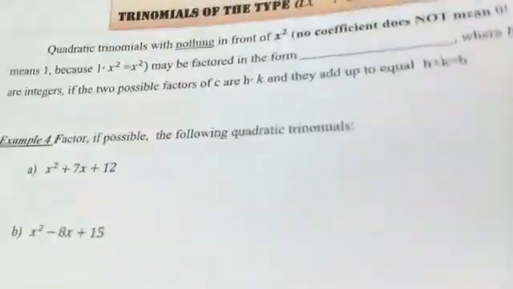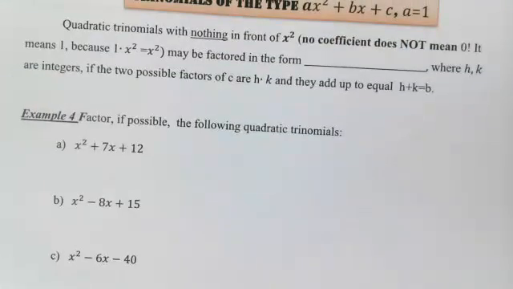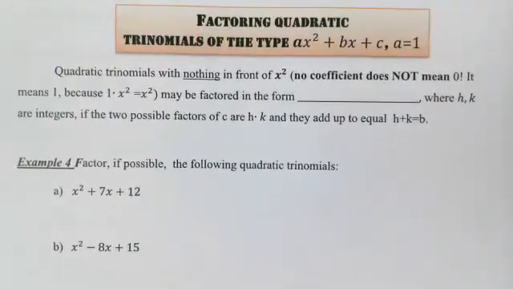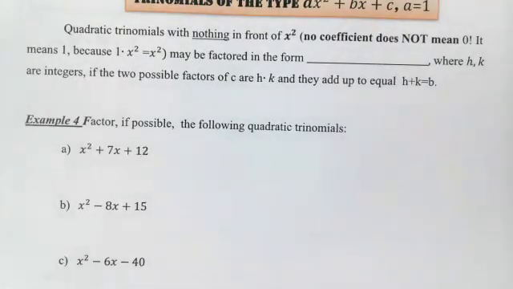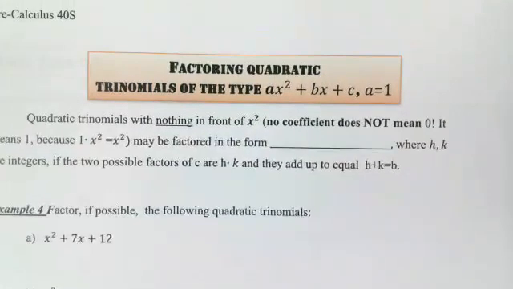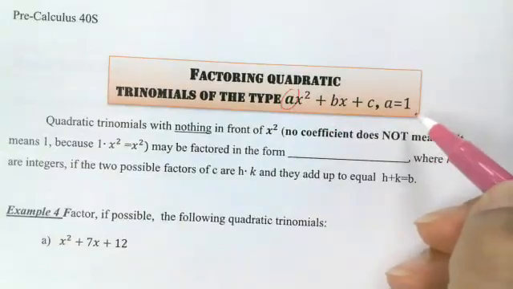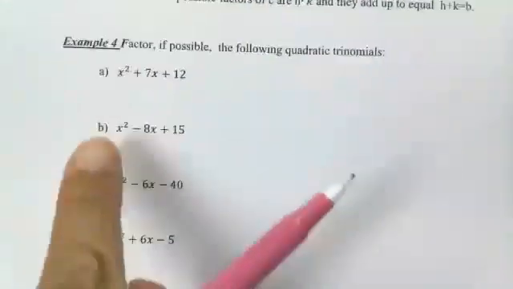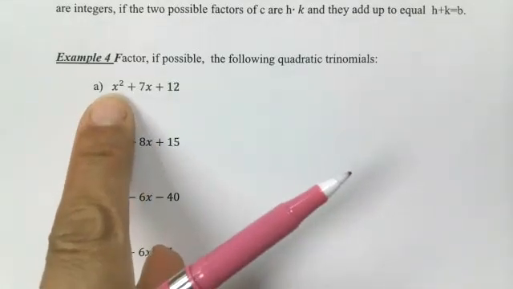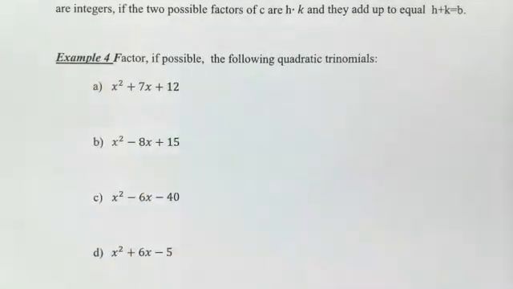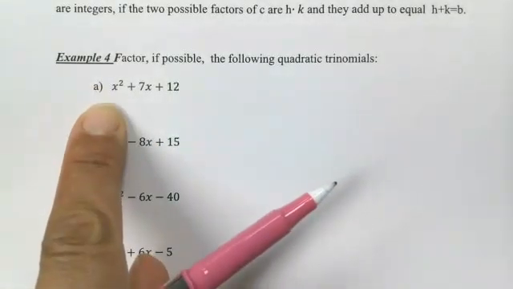And now the easier factoring. When you have a quadratic trinomial where the leading term is 1, basically you're not going to see anything like all of these examples. See, it's x squared, x squared, x squared. There's no number there. That just means it's 1 times x squared.